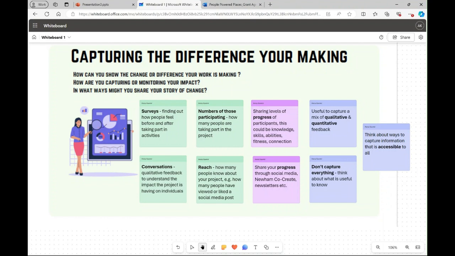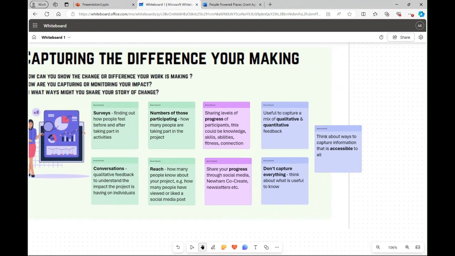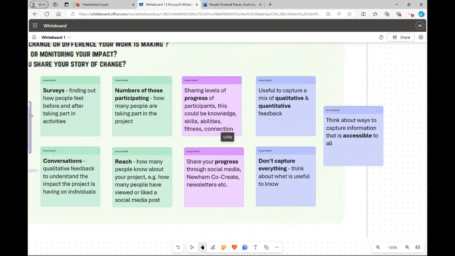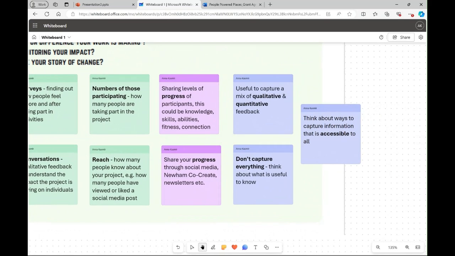And you can share that progress through your social media accounts, your new and co-create tile, or newsletters that you have.